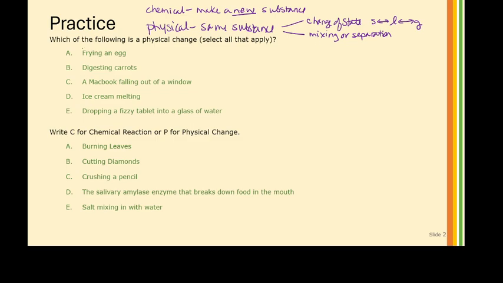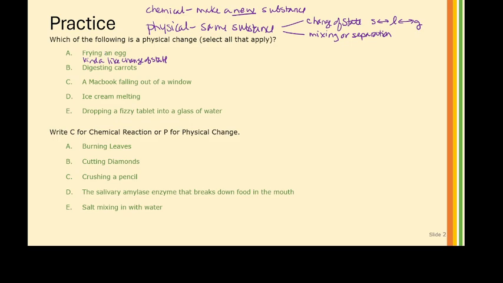Okay, frying an egg. You might start thinking it's kind of like change of state, but not really. It is going from something that is liquid to something that is solid, but it actually undergoes a change. One issue is that it's not reversible. In fact, it has very different properties.